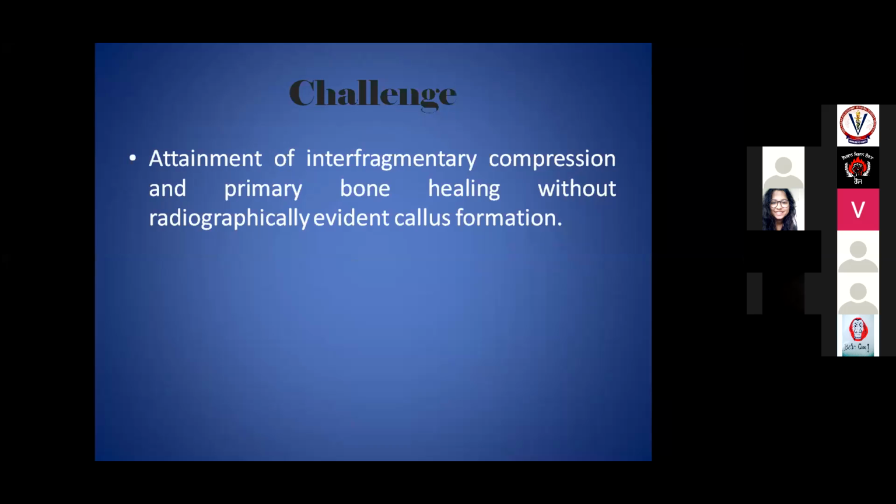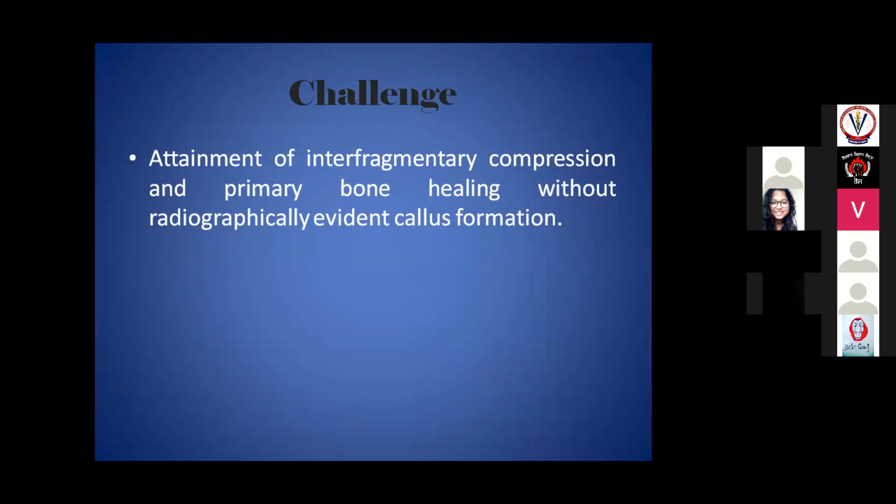Now, in the earlier days, before the advancement in imaging procedures or the knowledge on bone healing, they used to think that there should be a compression at the fracture site, and if there is compression at the fracture site, we call it rigid fixation. And if there is rigid fixation, the bone heals by primary healing.